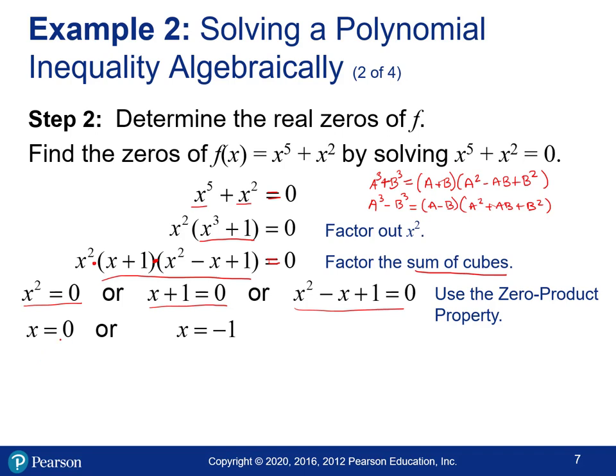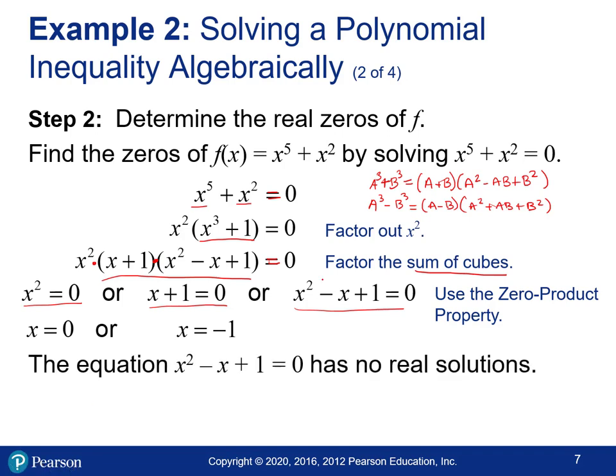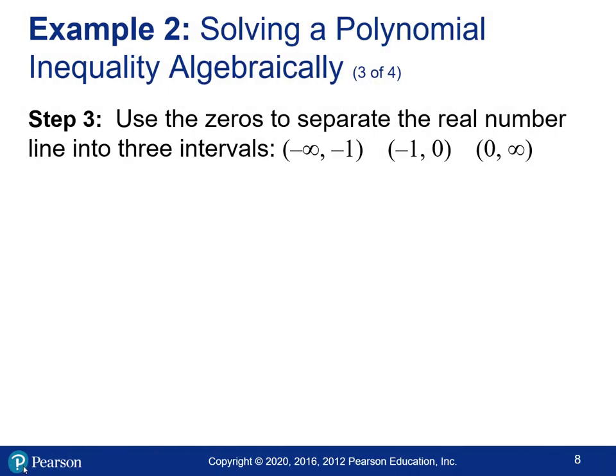For the first one, you get x is 0. The second one, you get x is negative 1. And on the third one, if you try to factor this or use the quadratic formula, you would get an imaginary number. So this one doesn't have any real solutions. So these two are going to be our only real zeros, so our x-intercepts for our graph.